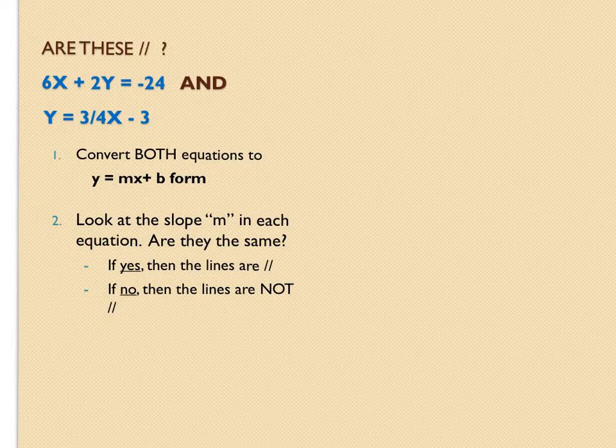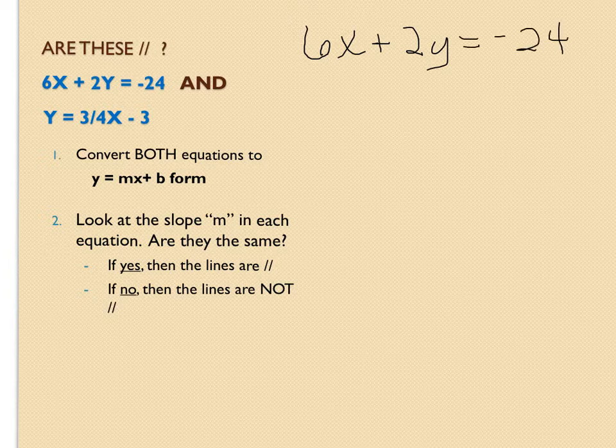So let's try it. Let's take a look at these 2 equations and determine whether or not they're parallel. So let's convert both equations into y equals mx plus b form. The second equation is already in y equals mx plus b form, but the first equation is not, so I need to move it around. So let's start with 6x plus 2y equals -24. The first thing I need to do is relocate that 6x.